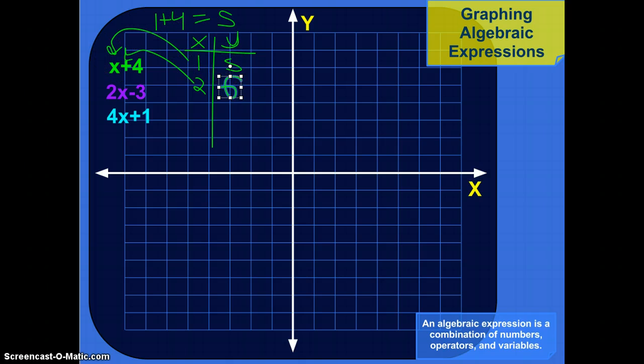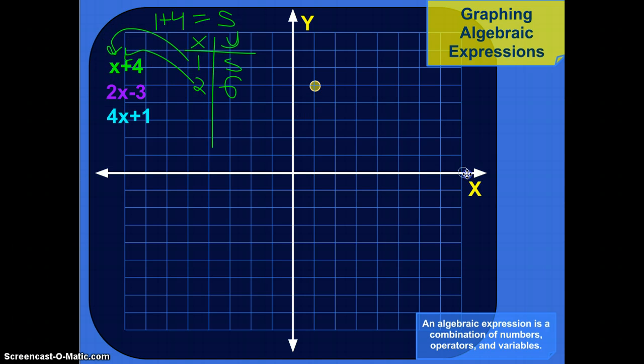For example, if I wanted to plot this pair of numbers, x is 1, so here's 0, 1 on the x-axis, and when x is 1, that expression evaluates to 5. So 1, 2, 3, 4, 5.